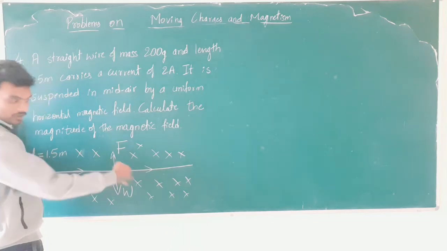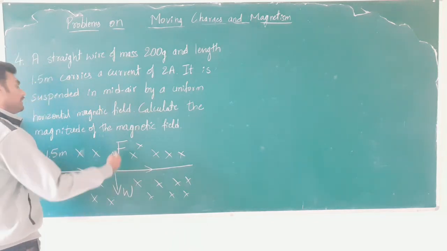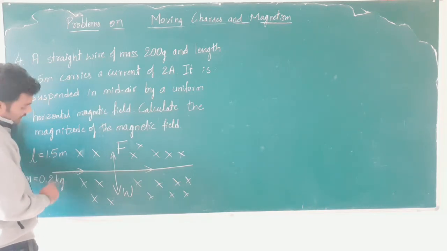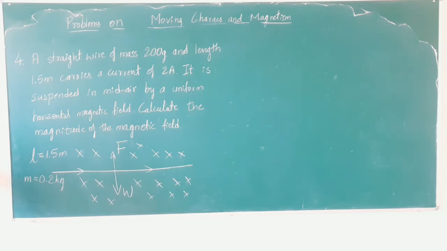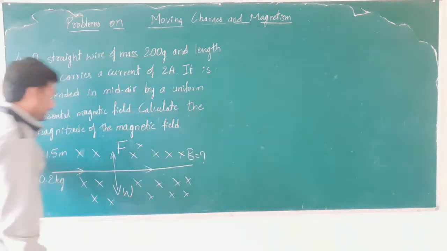Horizontal, yes, it is horizontal, not vertical, but it is out of the plane, or it is entering the plane, it is not in the plane. Fine. So, you have mass of the wire given, length of the wire given, horizontal magnetic field. Now we need to calculate B itself. B is equal to question mark.